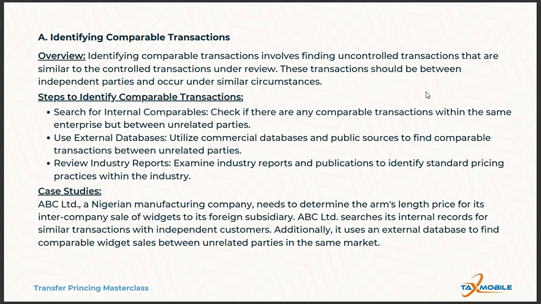The next step is to compare the controlled and the uncontrolled transactions. At this stage, we compare the controlled transaction against the potential comparables identified. To ensure a meaningful comparison, the following factors should be considered: the functions performed, the risks assumed, the contractual terms, the economic and market conditions, and the characteristics of the property or services transferred.